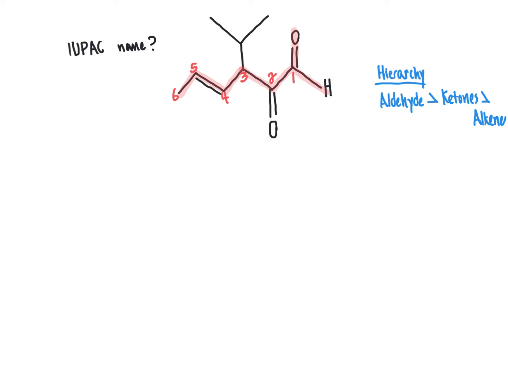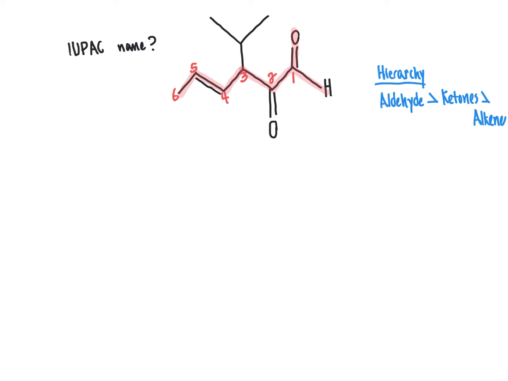Now, we will go about coming up with the parent name for this based on the fact that we have an aldehyde group present. We need the term "al" in the parent name, such as hexanal, since we have a 6-carbon chain.